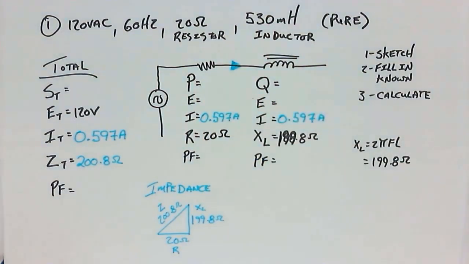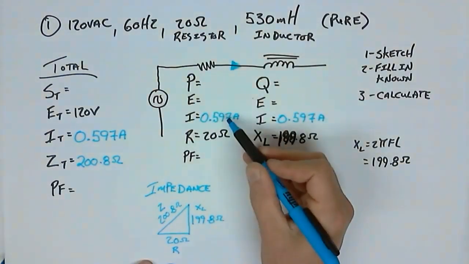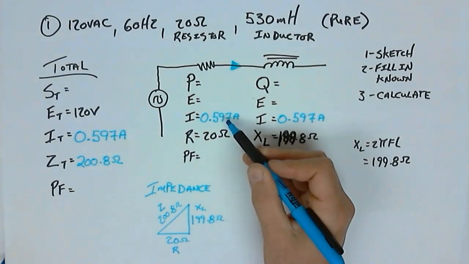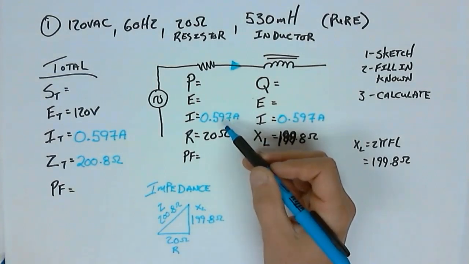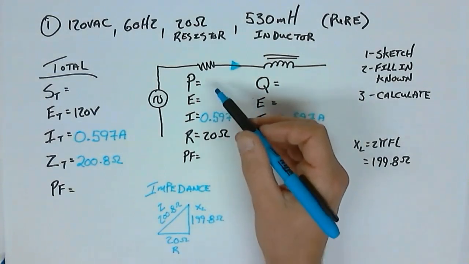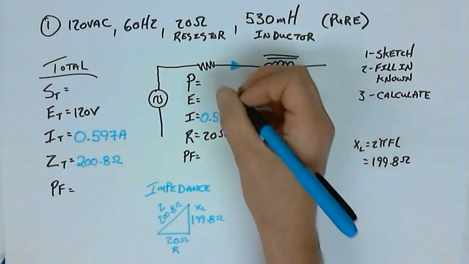Okay, I squared, so 0.597 squared times 20. That gives me a total amount of watts of 7.128.